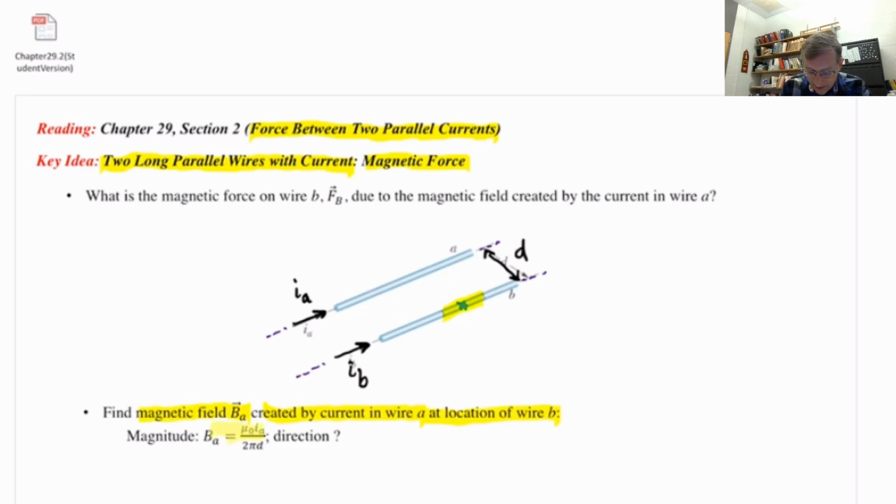This is just the magnitude for right now. B sub A magnitude is mu0, that permeability constant, times I sub A, the current in wire A, over 2 pi d. D is the distance that we are from wire A. I'm imagining that point I've marked with the little x there. That's a distance d from wire A. And that's the magnitude of B sub A.